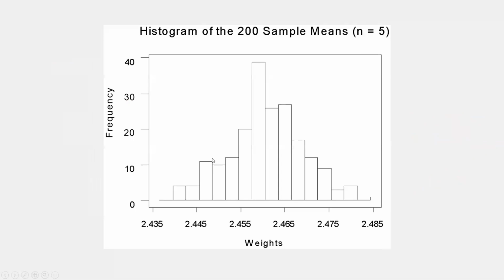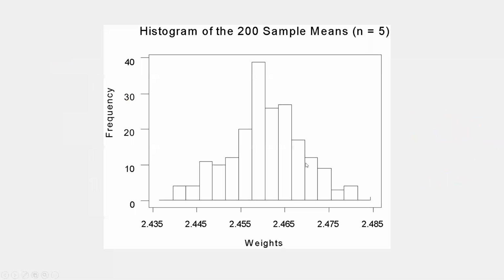Wow. What does this histogram look like? What type of shape? It's not perfect, but what does it roughly look like? Low, high, high, high, low, low. Yeah, thank you, right in the chat. Looks like the normal curve.